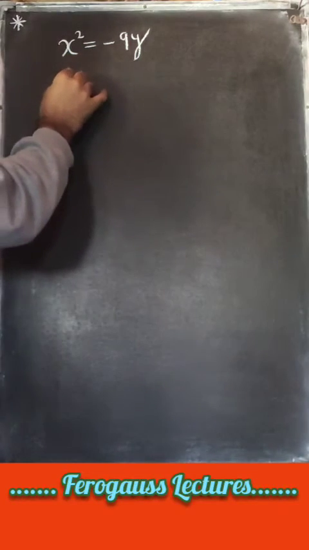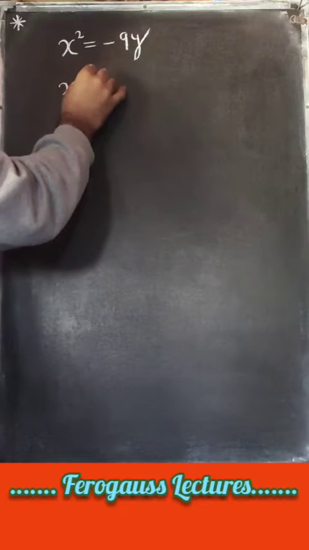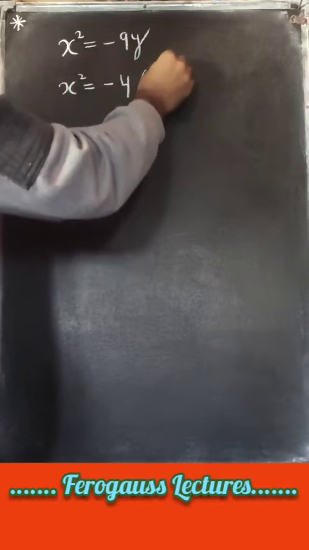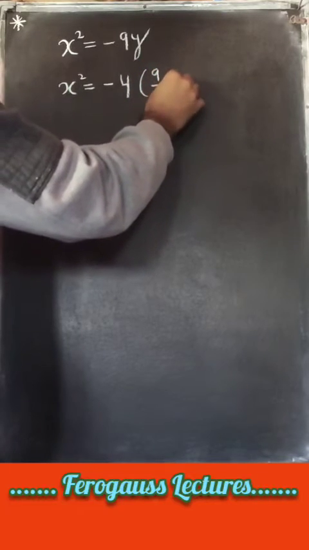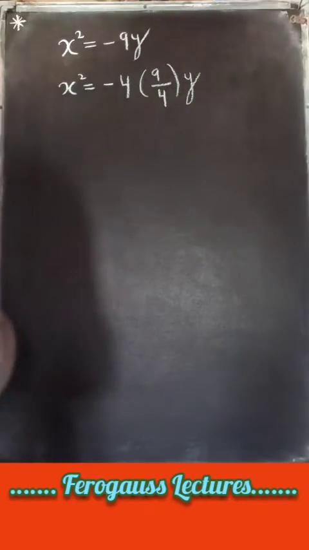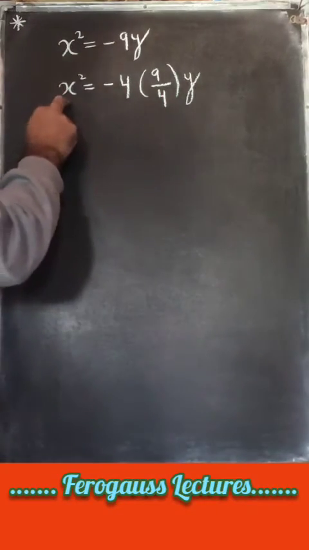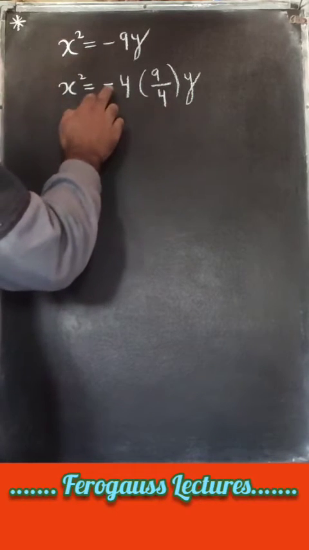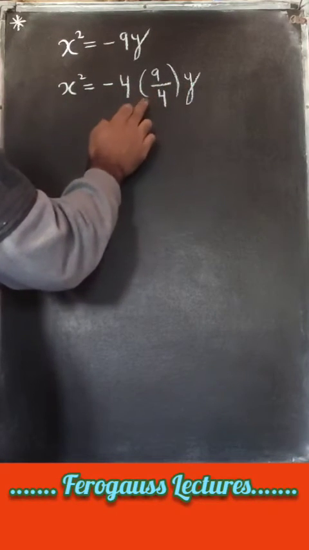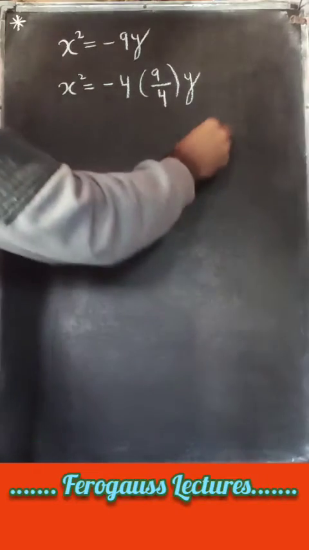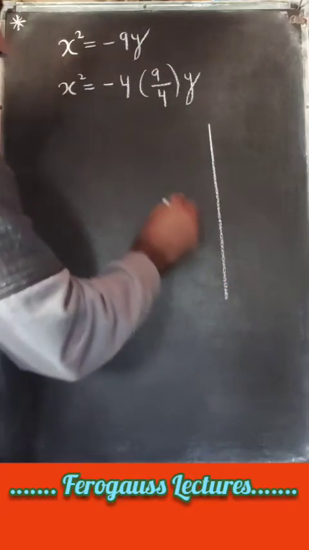We can write it as x square equal to minus 4 into 9 by 4 into y. Okay, here we have x square, so this parabola is symmetric about y-axis and the coefficient of y is negative, so its axis is along negative y-axis.